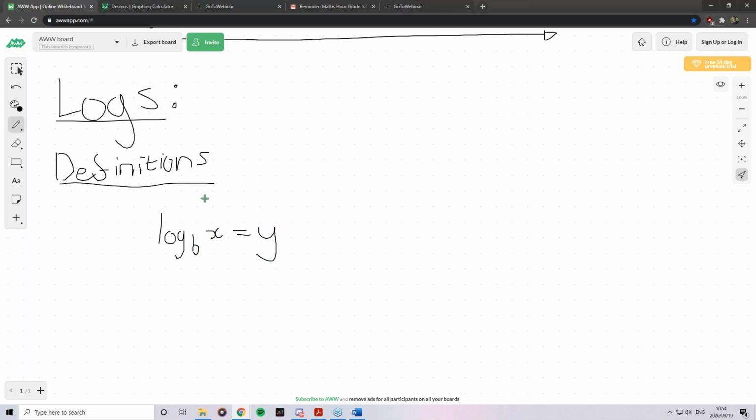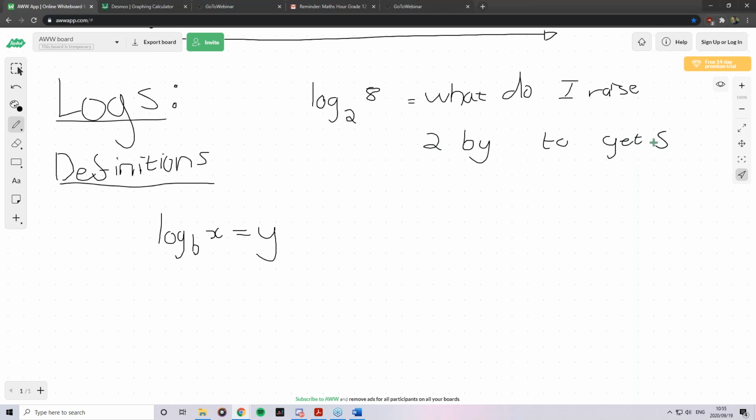Now, what this means is, what do I raise b by to get to x? So let's say, what do I raise 2 by to get to 8?